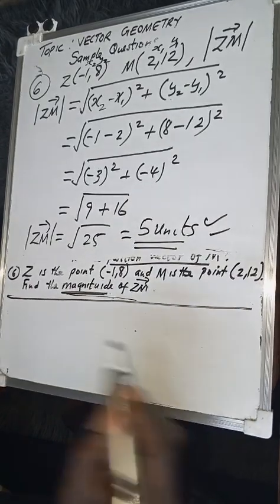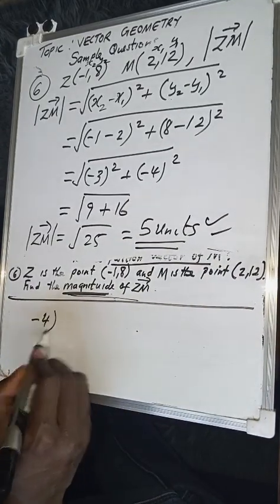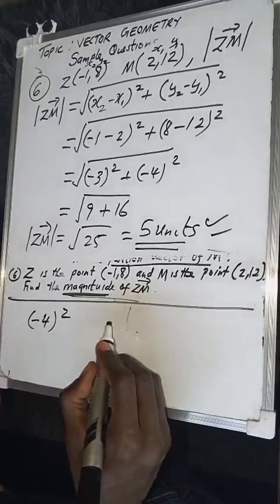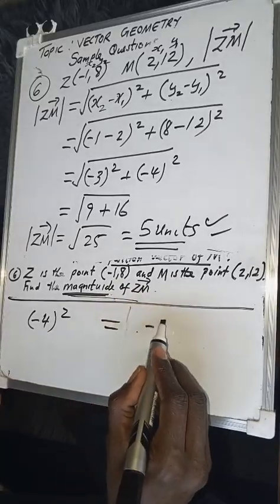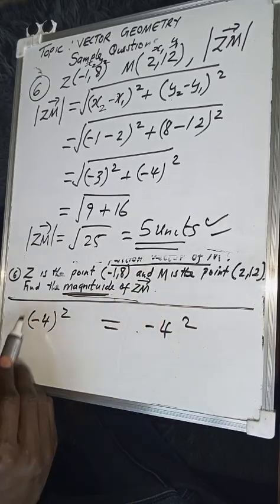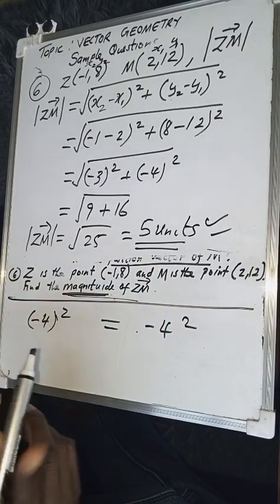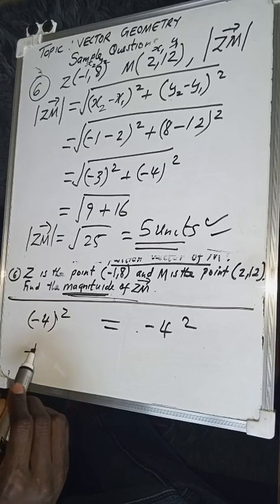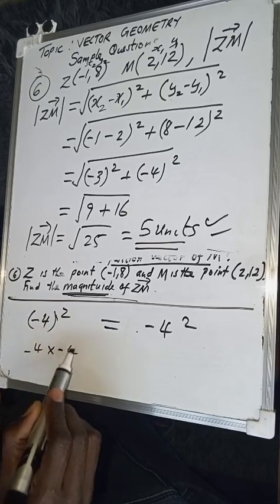Please, I want you to understand, when I write (-4) raised to the power 2, and when I write -4 raised to the power 2 without brackets, these are not the same. When you are replacing, enclose the negative number in brackets. It's very important. This means that even the negative is being squared. It means -4 times -4.